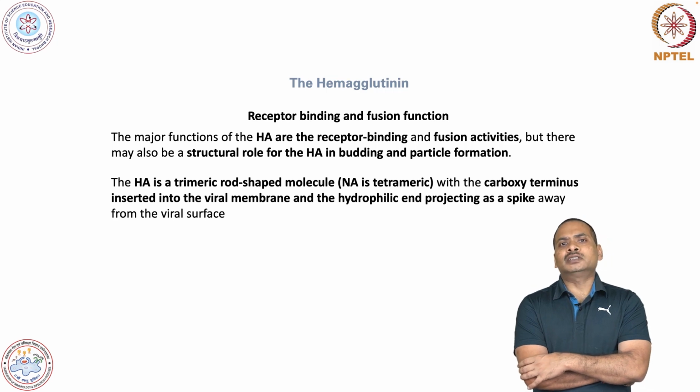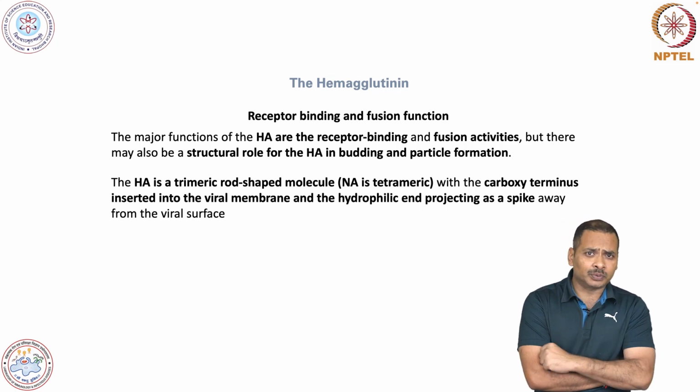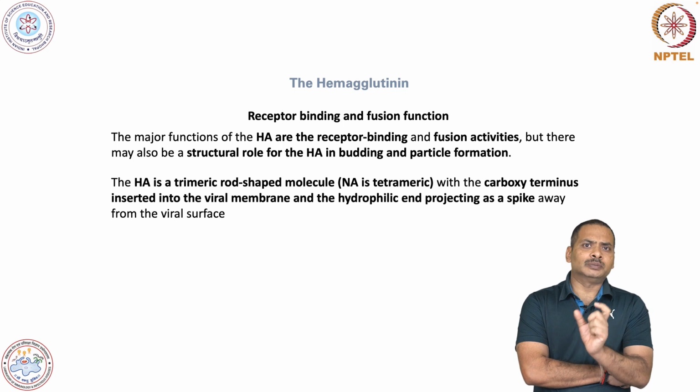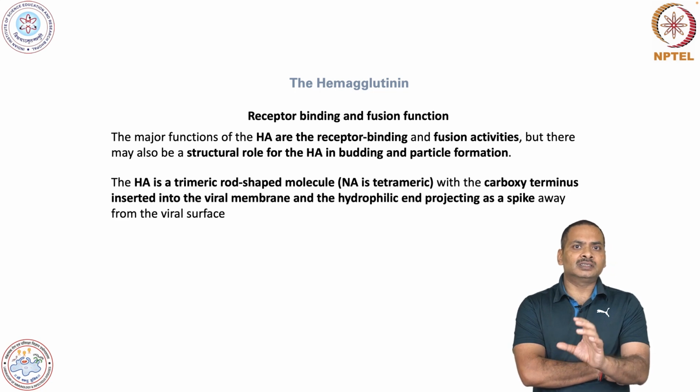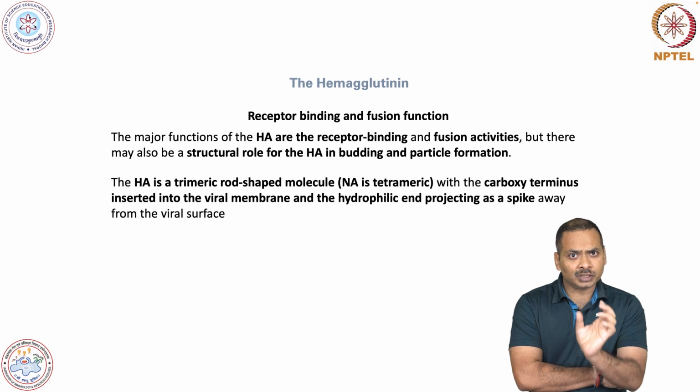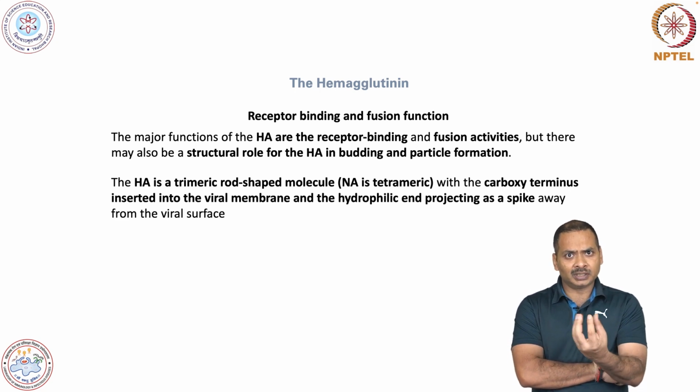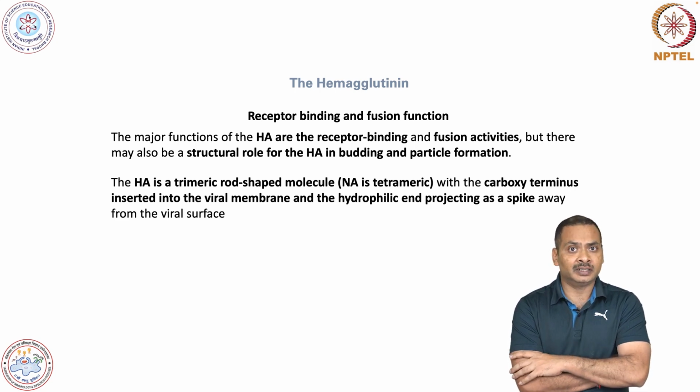HA is basically a trimeric protein. There are 3 subunits, and the functional unit is a trimer. In contrast, NA is a tetramer, where 4 subunits come together to make a functional NA.